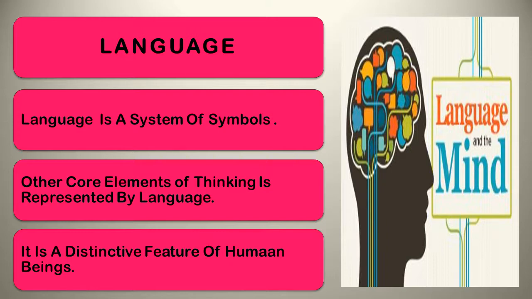Language is the fourth core element of thinking. Language is a system of symbols. Mental representation, concept and schema are all better represented by language. For example, the word cat stands for cat. So the word cat is a symbol for a cat.